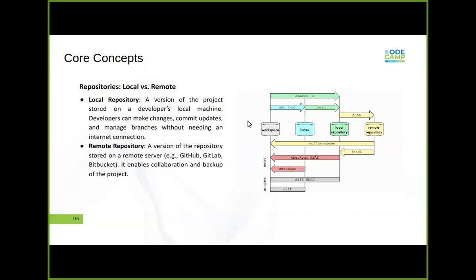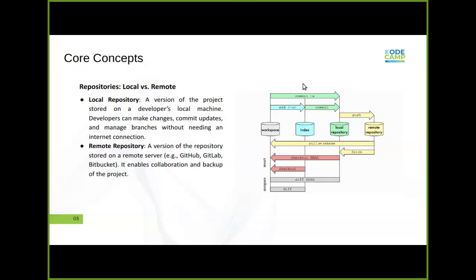Now, looking at this setup, if you look at this diagram, this is basically what the Git setup does for you. Now, this is your workspace. I don't know if you can see where my mouse is. This is your workspace. Then once you do the command to add, it adds your project to what they call an index.